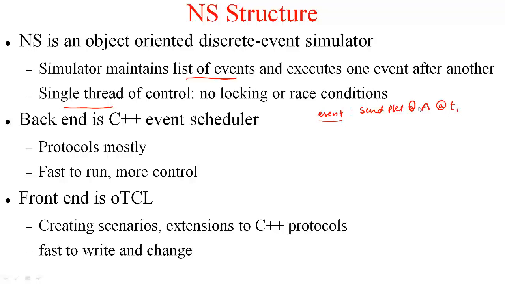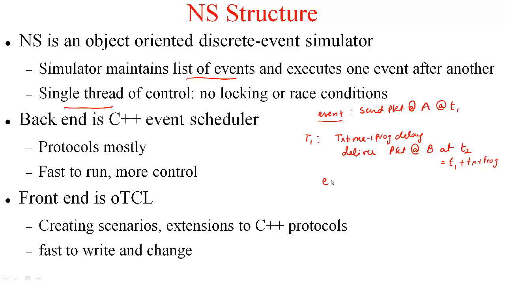In other words, this event is triggered at time t1. So when t1 happens, you execute this event, and as part of this execution you may calculate what the transmit time is, what the propagation delay is, and then you are going to deliver this packet at node B at time t2, which is probably t1 plus the transmission time plus the propagation time.